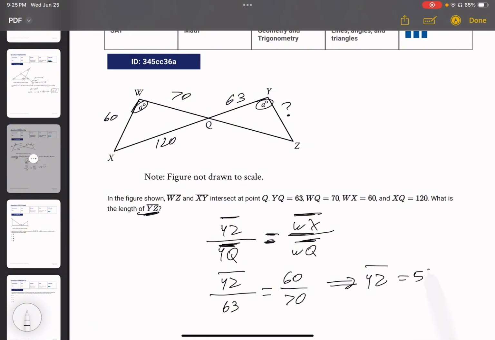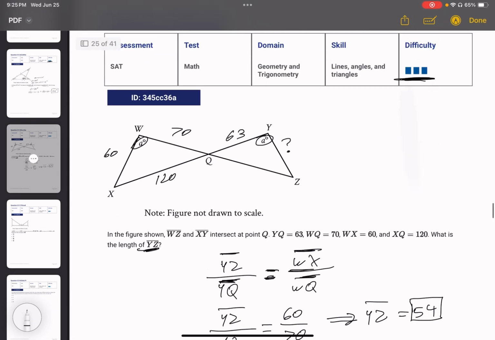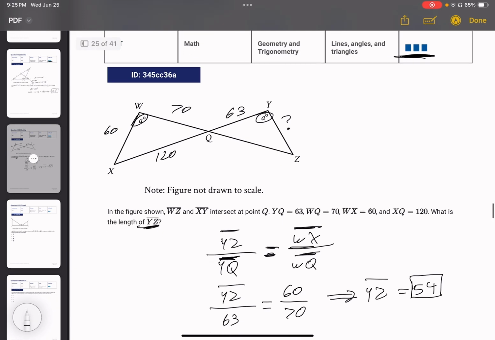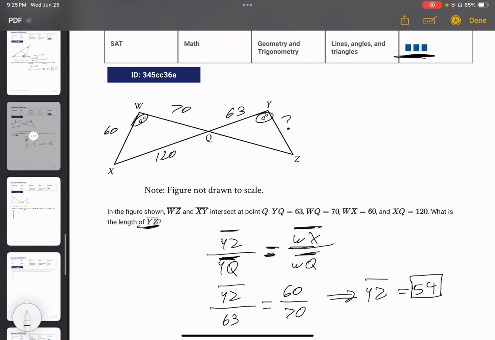You're going to get a length of 54 units. So it's a fill-in question of hard difficulty. The very hard part about this question is knowing that the same angles imply it's a similar triangle. So you can find the proportionate length, set up the ratio, and so on. So just really know those little facts and you should be good.